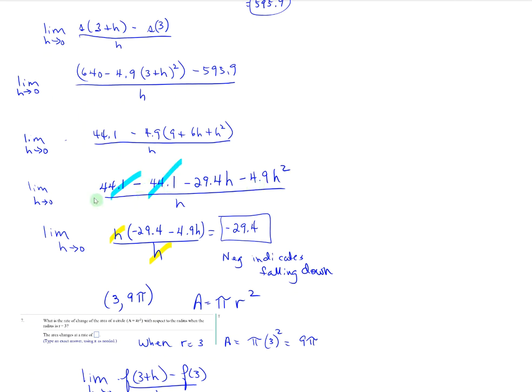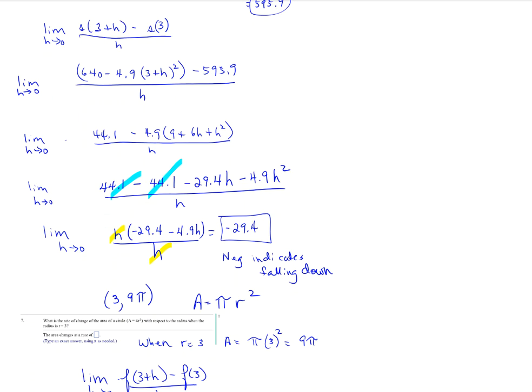Those cancel out. We've got negative 29.4h minus 4.9h squared over h. If we factor out h here, we're left with h and this and an h on the bottom. When those cancel out, we can now plug in h to be 0.